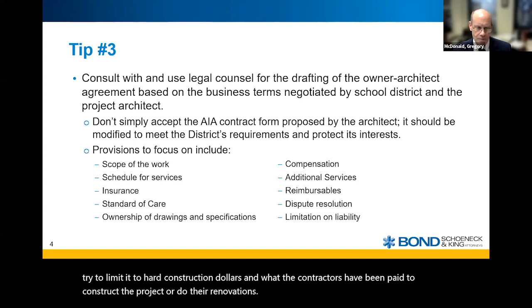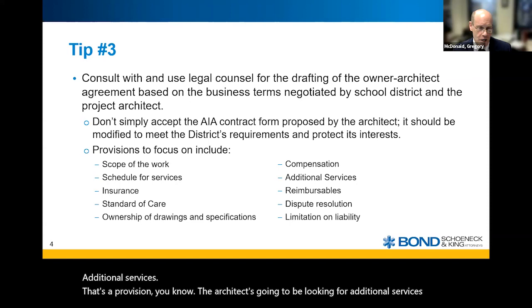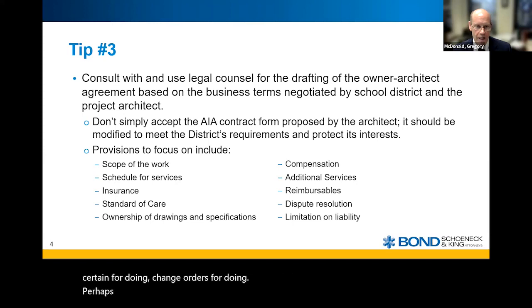Additional services: the architect is going to be looking for additional services for certain things, for doing change orders, for perhaps drafting or creating budget alternates. They may want to be paid for doing alternates.